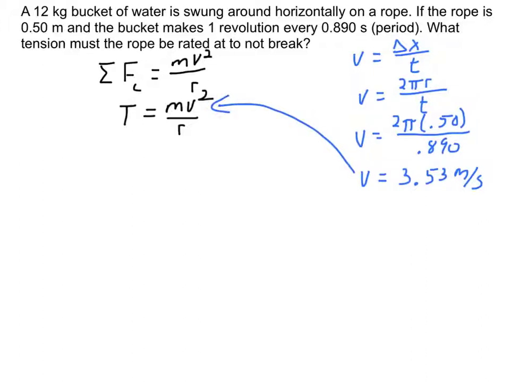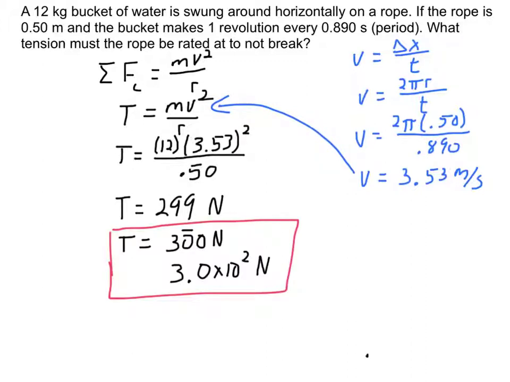And that'll allow me to substitute in here and actually solve this problem. So whenever I substitute in my 12-kilogram bucket, the thing that's actually swinging is the mass there, the velocity that I was able to calculate using circumference divided by the period, and a radius of 0.5, the string length, I come out with this rope better be rated to withstand 299 newtons.